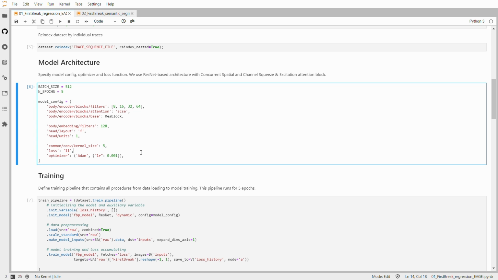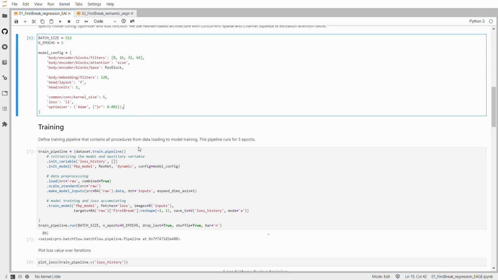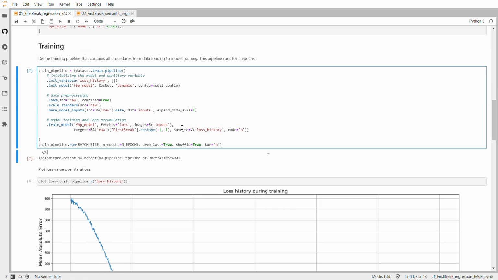As a loss function, we use mean absolute error that measures an absolute distance between model prediction and true label. To update its inner parameters, we use the Adam optimizer. Here, you can see the training pipeline. This pipeline combines all the methods from processing procedures to model training.